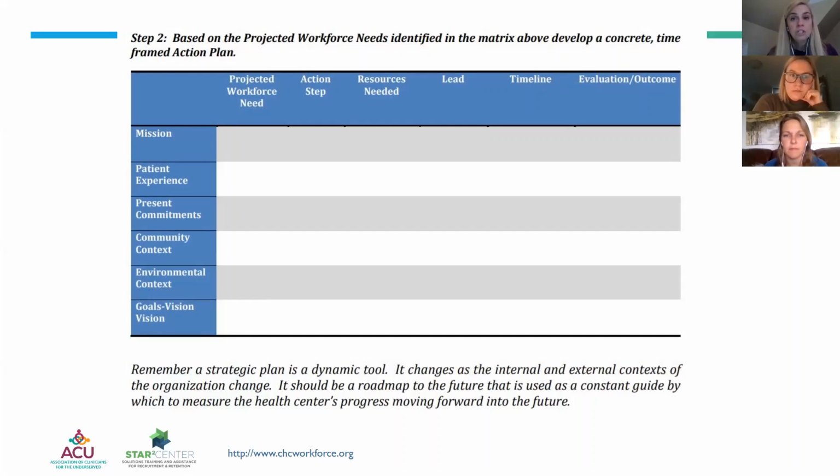As much as we would like to just do the thing, check the box, and put it on the shelf, that's not really going to help. So in the end, we want to make sure that this is a process that if we do it now in 2020, or most likely in 2021, it's not just going to be something that you put on the shelf. You're going to revisit it every once in a while, or as needed. If something really big happens at your health center and you need to redo some things, that's okay. But at least you'll have a foundation. Next slide.